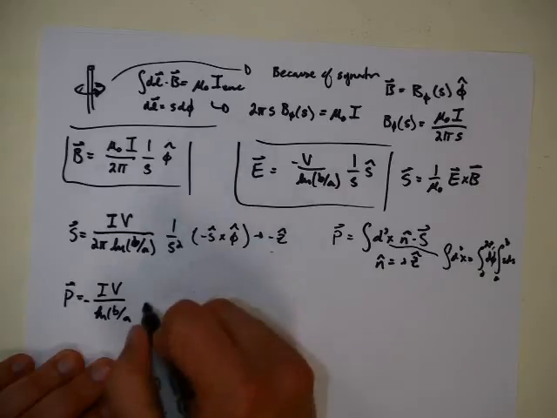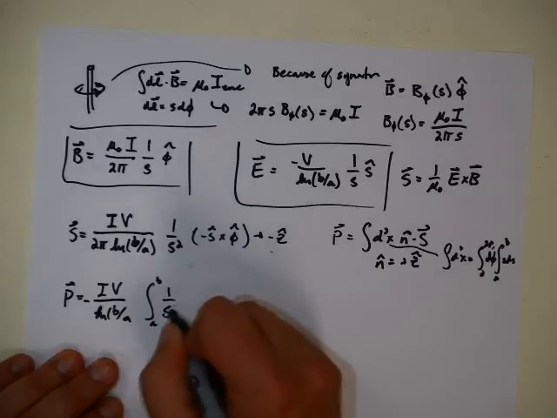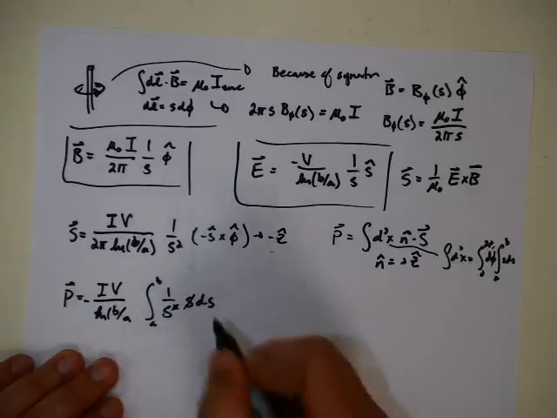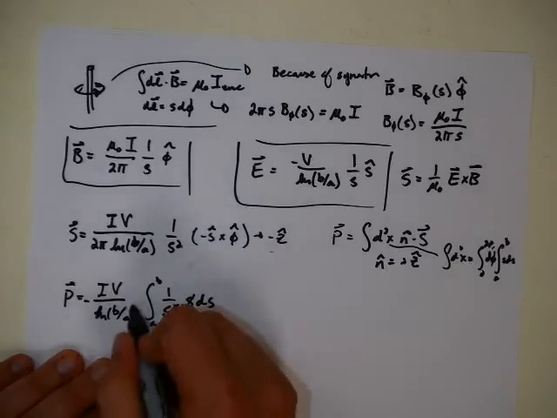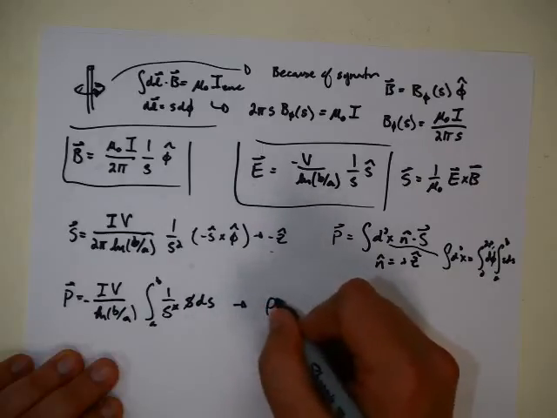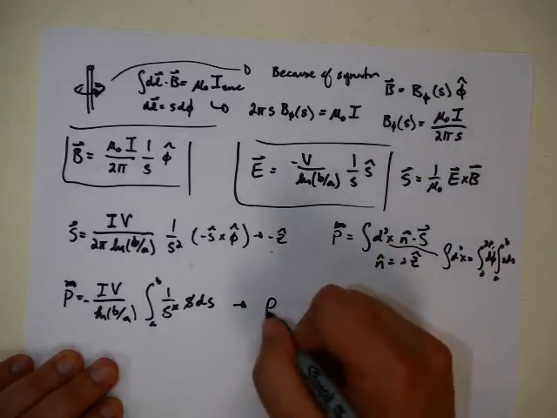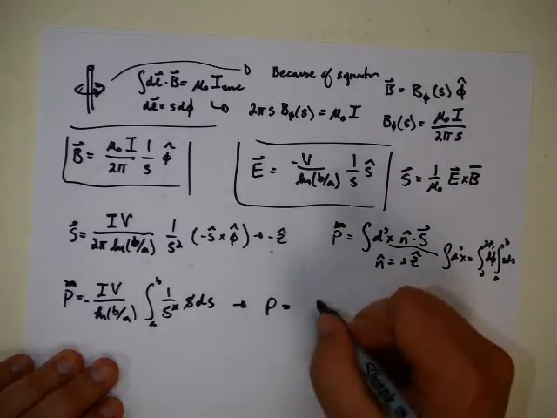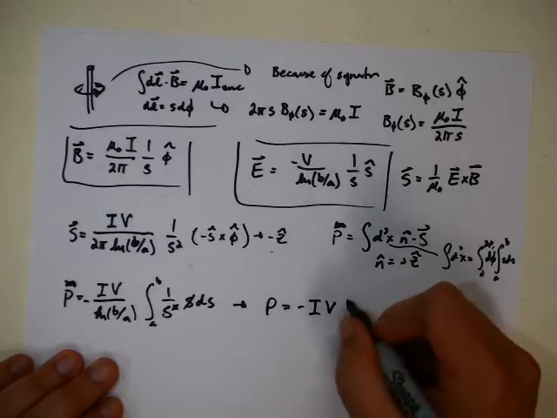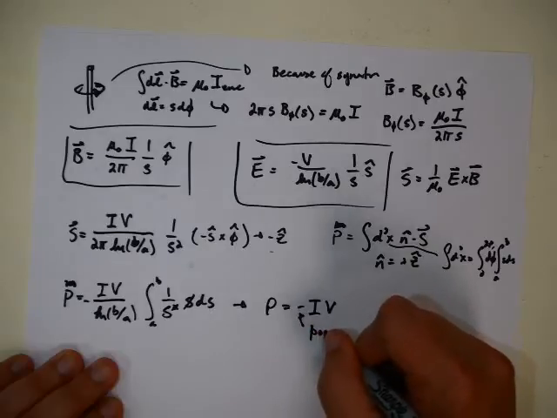And we get then the integral from a to b of 1 over s squared times s ds, which is ds over s, a to b, which will cancel this log of b over a. So this is going to give us the power carried. I don't know why I had a vector there. There's no vector left over. The power carried is going to be equal to minus I V. Minus sign means power's going down.